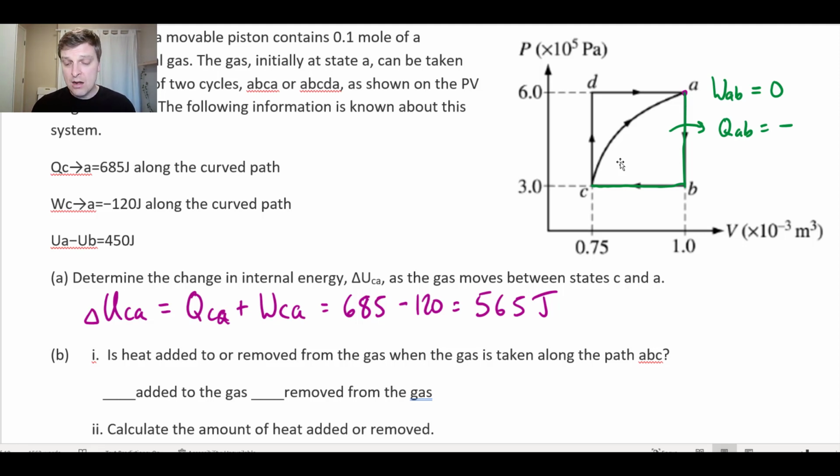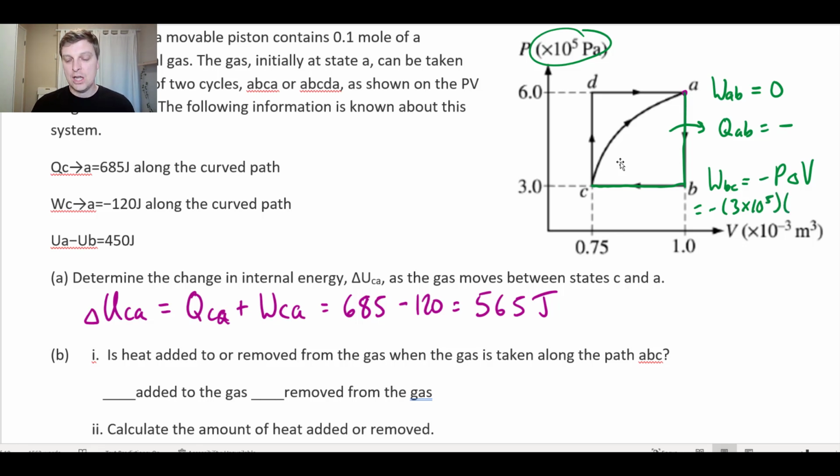Okay, and then we go over here. We go to work BC, right? So if I want to go from B to C, I can calculate the work done in this case. The work done as I go from B to C is going to be negative P delta V. Negative, my pressure, now notice, is 3, and don't forget that it's times 10 to the 5 pascals.